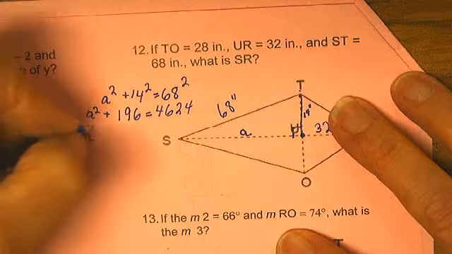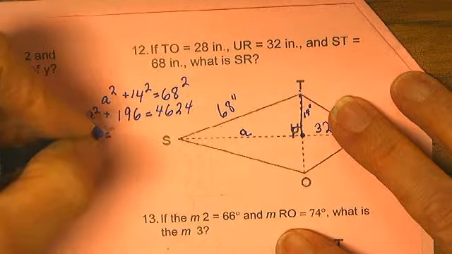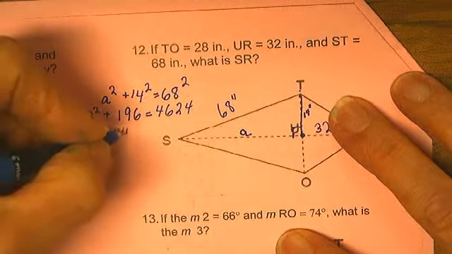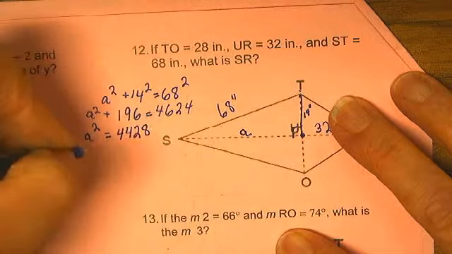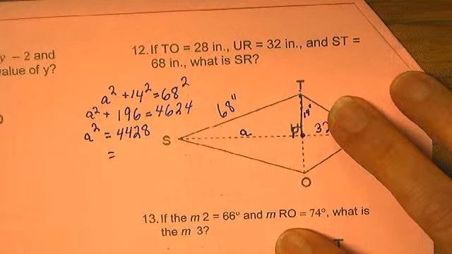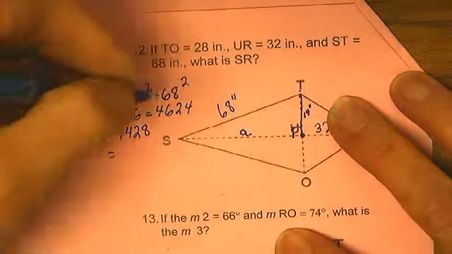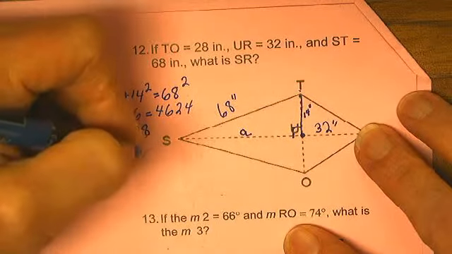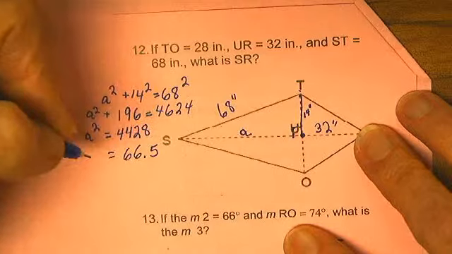And I find A squared is equal to 4,428. The square root of 4,428 is 66.5, more or less.